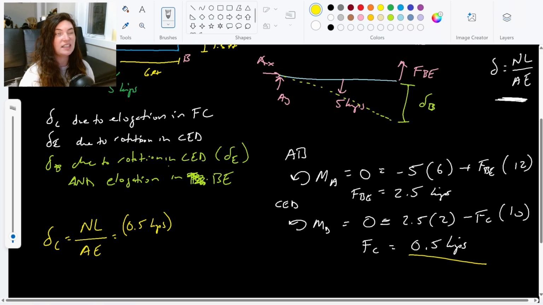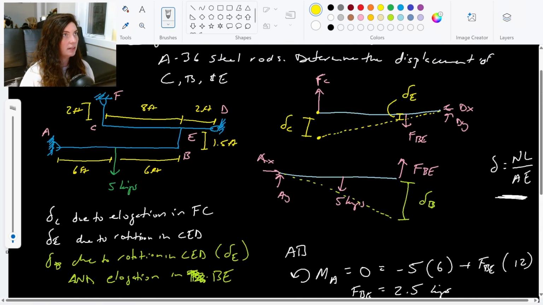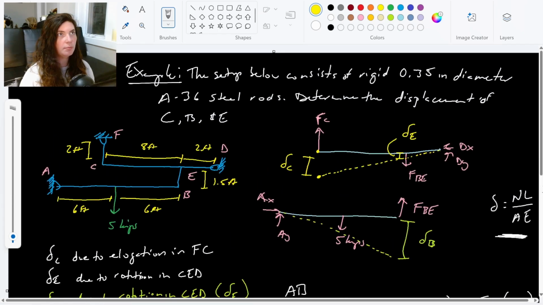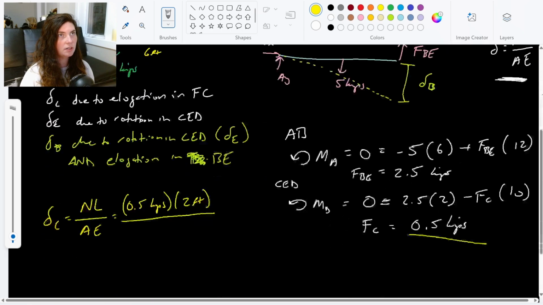My length is the length of the rod. I believe the problem statement gave us the length of rod FC is 2 feet. Now I'll need my area. I believe it gave us a diameter, 0.35 inch diameter.